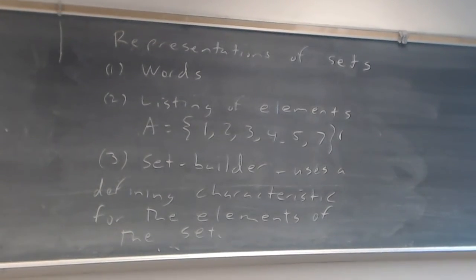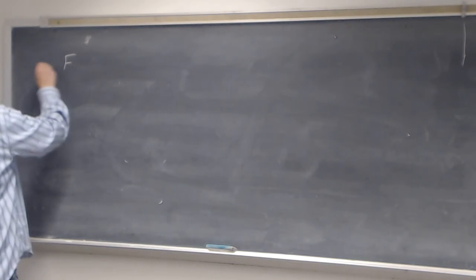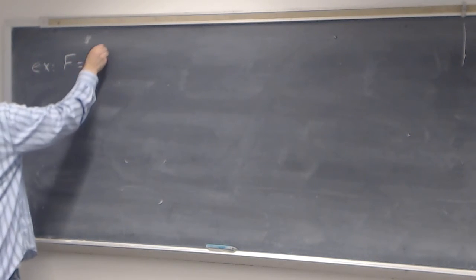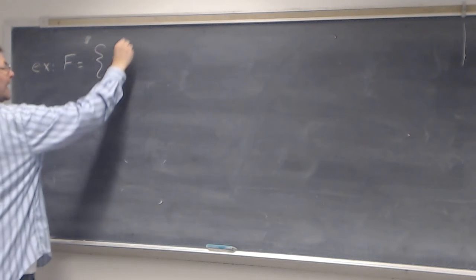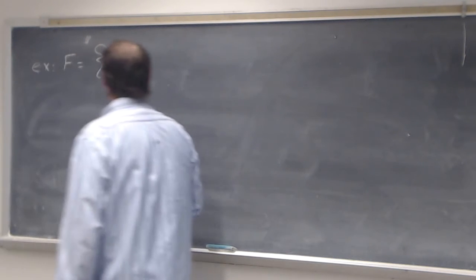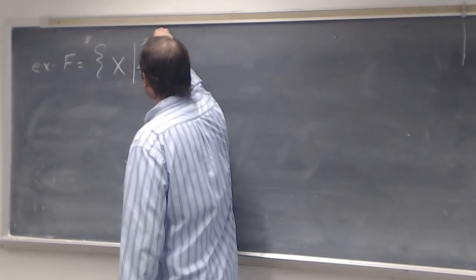Okay, let's look at an example of that. And so, we look at a set F, so this is an example. And F is defined by, it's the collection of objects, which I'm going to denote by X. I'm going to put this bar. This bar means such that.